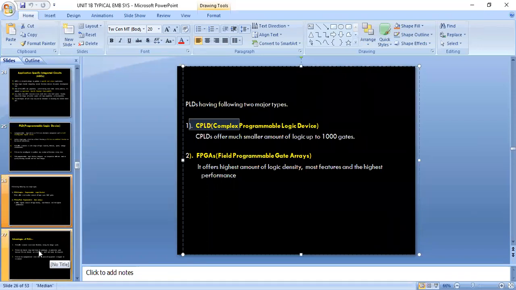When it comes to these CPLD and FPGA boards, we get a board, not a single chip. By connecting that board to our computer, we can write any logic in terms of a program. We need not write x equals y plus z plus a plus b plus c. Suppose we want decoder logic; if we call a word like decode, the decoder operation will be performed.